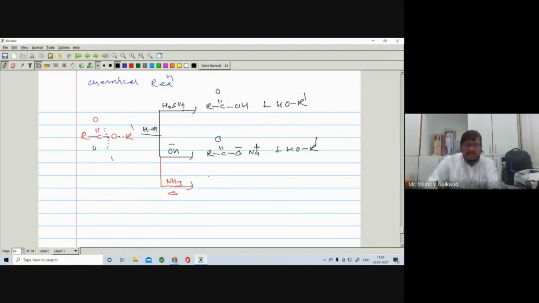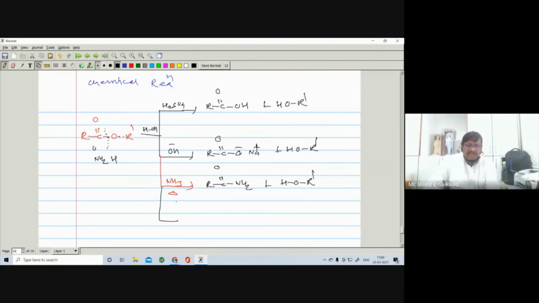So here there is the addition of ammonia. So here what you can do, you can add NH2 and you can add H. So what you can get, amide RC double bond O NH2 plus alcohol, right? Amide plus alcohol, addition of ammonia. Further, suppose you add another molecule of alcohol, different from R dash.